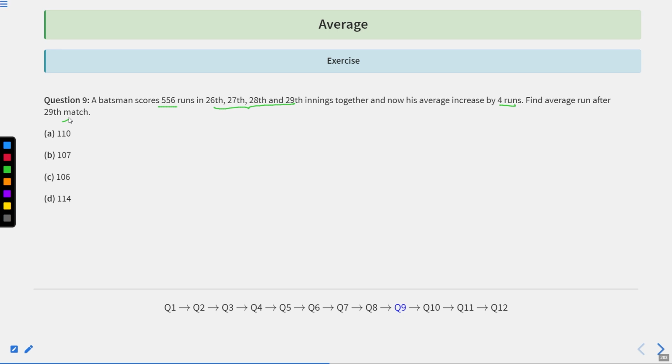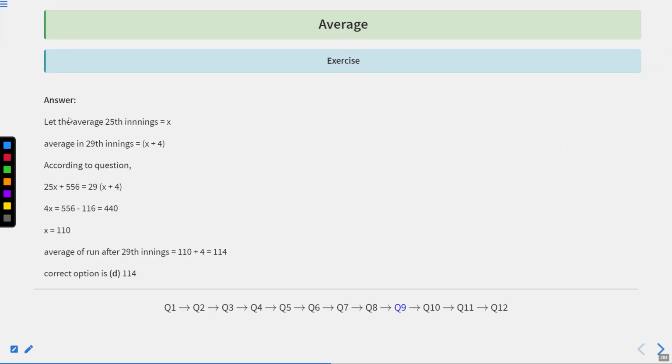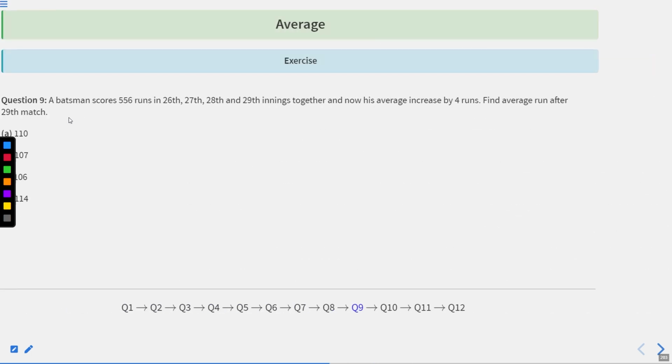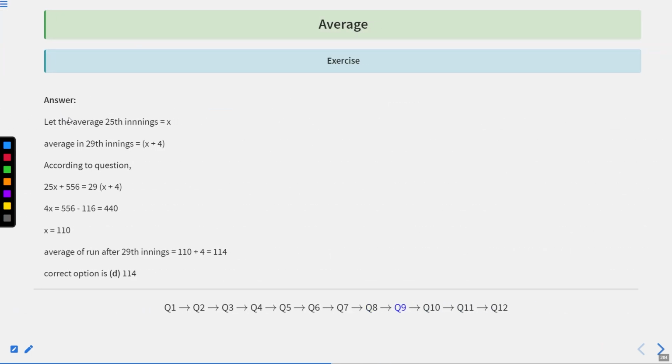So we are interested in finding his average after 29th match. So let the average after 25th inning be x. So the average after 29th inning is going to be x plus 4, because it is given in the question that his average increased by 4 after 29th innings.